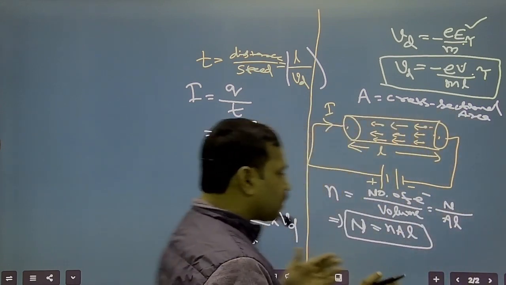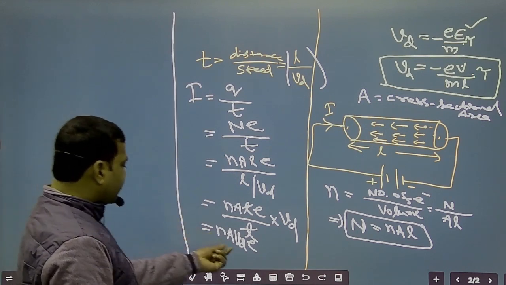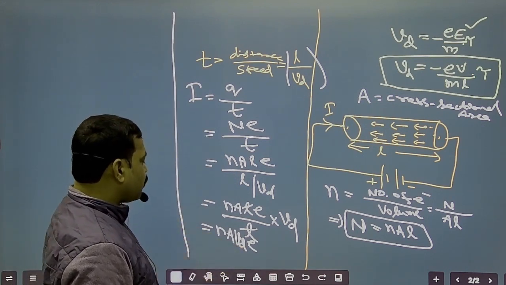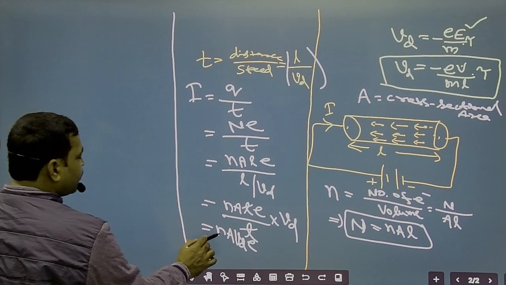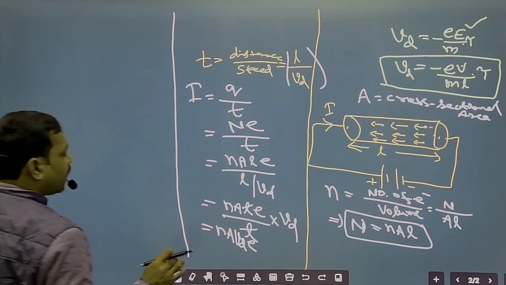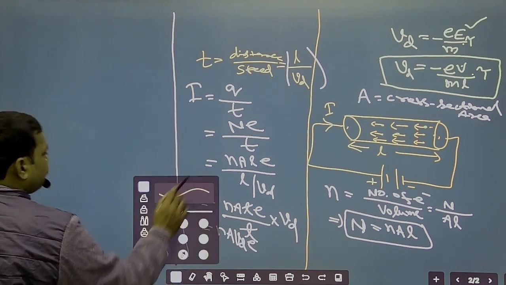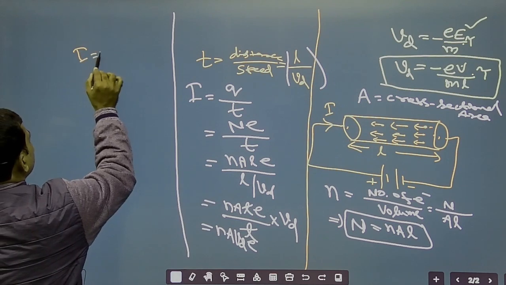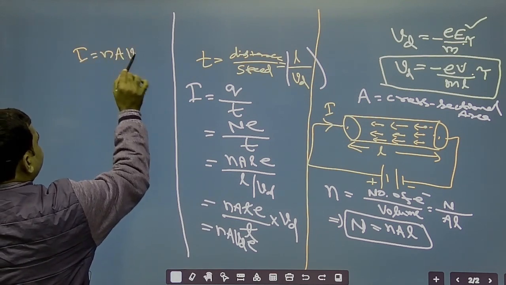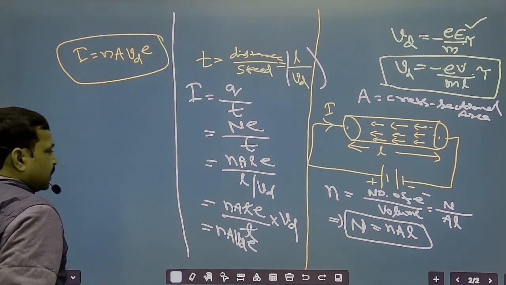So in a conductor, the amount of current which is flowing is related with the drift velocity, the availability of the electrons and the cross-sectional area of the conductor. So the final formula for this will be I is equal to nAVd e, right?